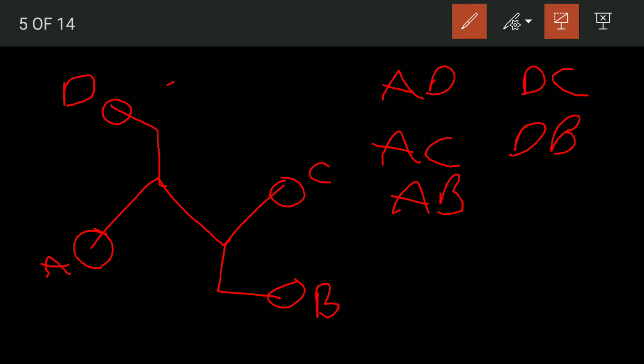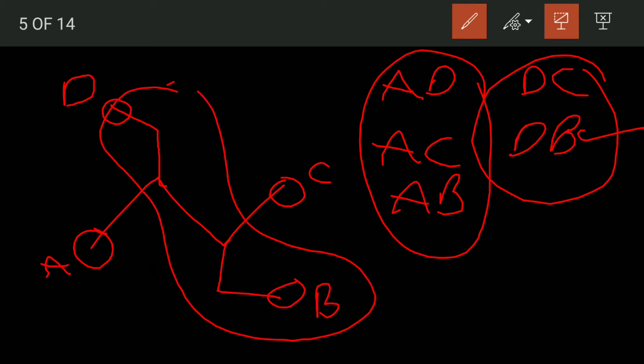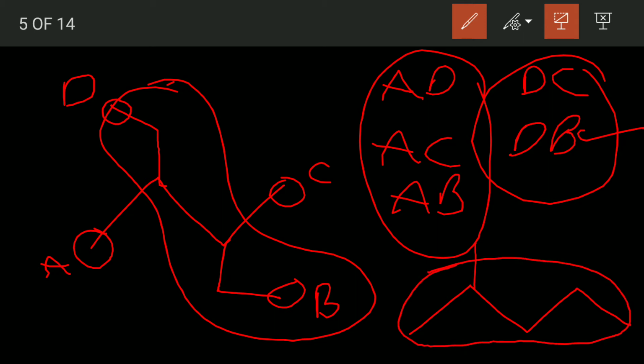And from these all, which is the longest one? DB, right? This is the longest chain. So this is called the parent chain. So the longest chain in a compound is called a parent chain.